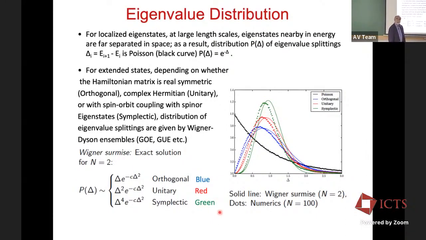There's a proof of the Wigner distribution for large n. I'm just trying to show that the 2x2 already gives a pretty good answer compared to what you get in reality.